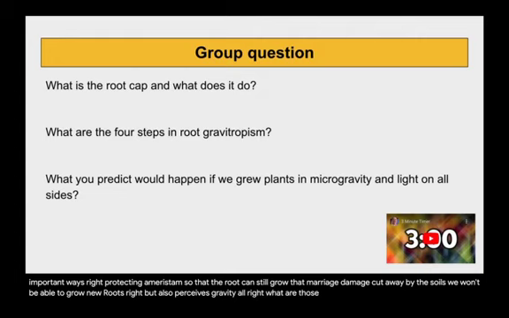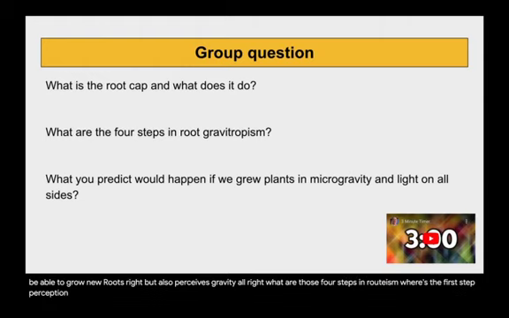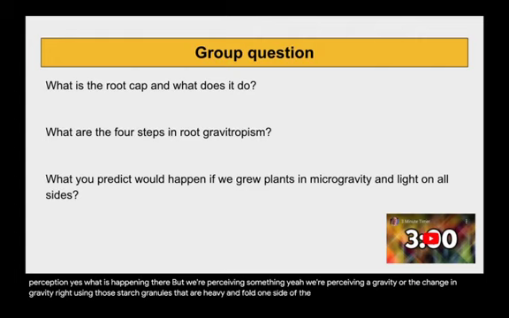All right, what are those four steps in root gravitropism? What is the first step? Perception. Yes. What is happening there? We're perceiving gravity, or the change in gravity, right? Using those starch granules that are heavy and fall to one side of the cell.